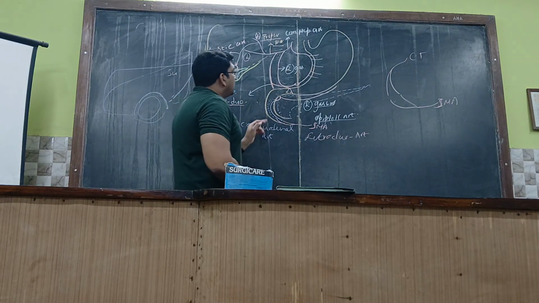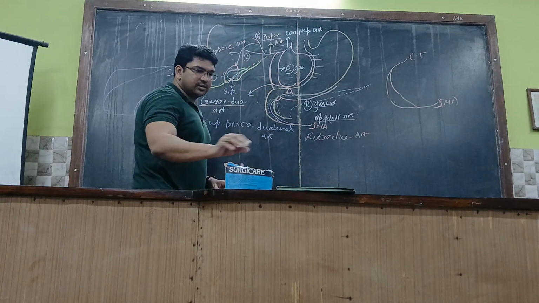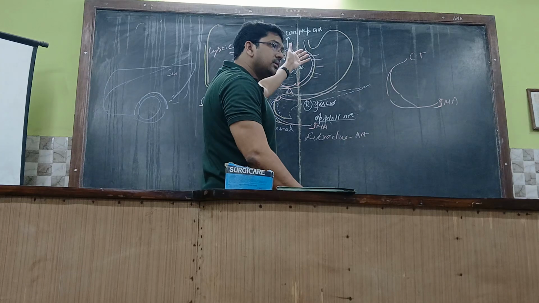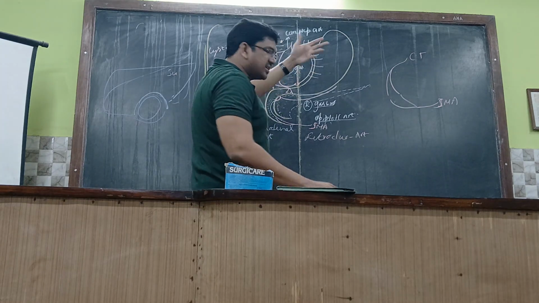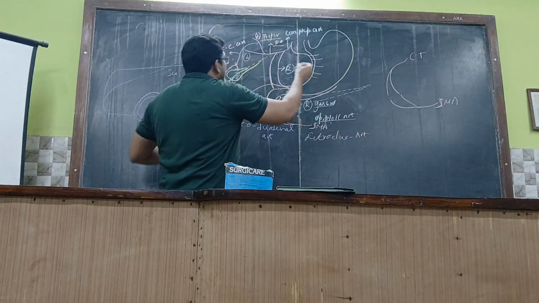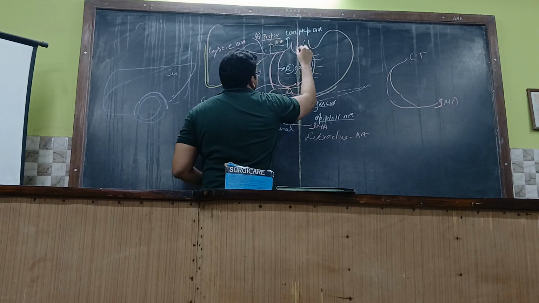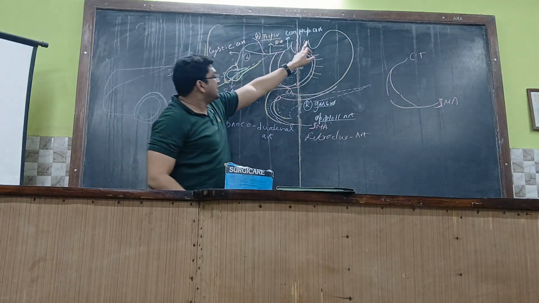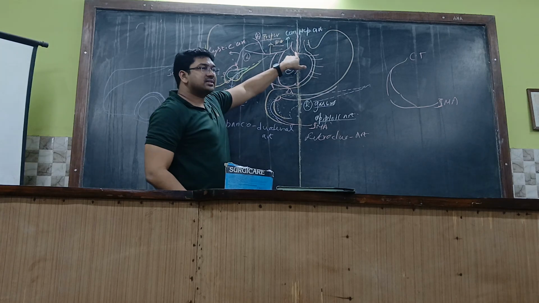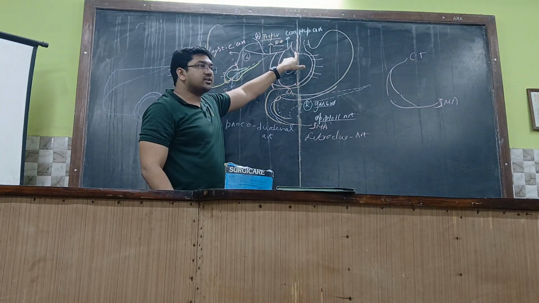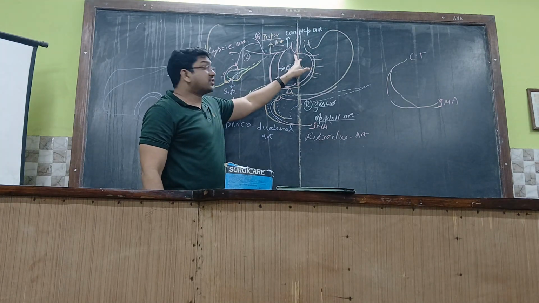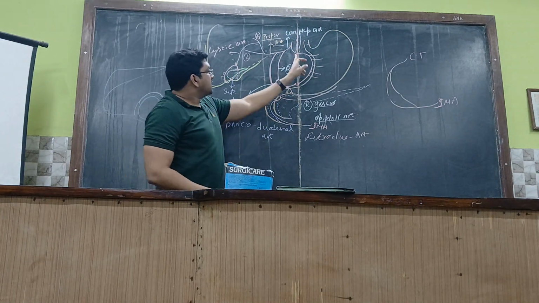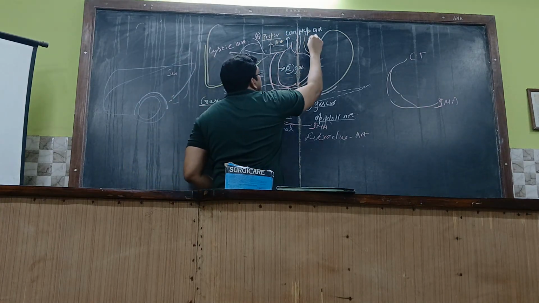Okay. Coming to the splenic artery. Superior esophageal arteries are the branches of the left gastric artery, because it is close to the esophagus over here. So, superior esophageal arteries, this is the esophagus going over here.